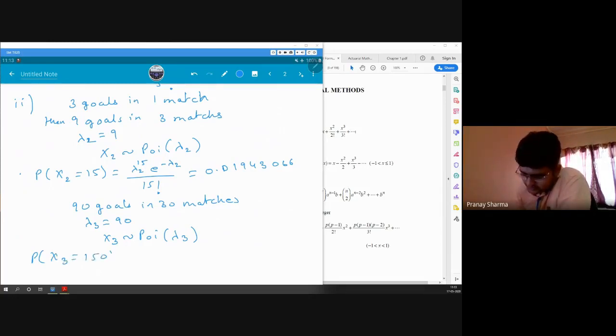And if we need to calculate 150 goals, that would be lambda 3 raised to 150, e raised to minus lambda 3, upon 150 factorial.